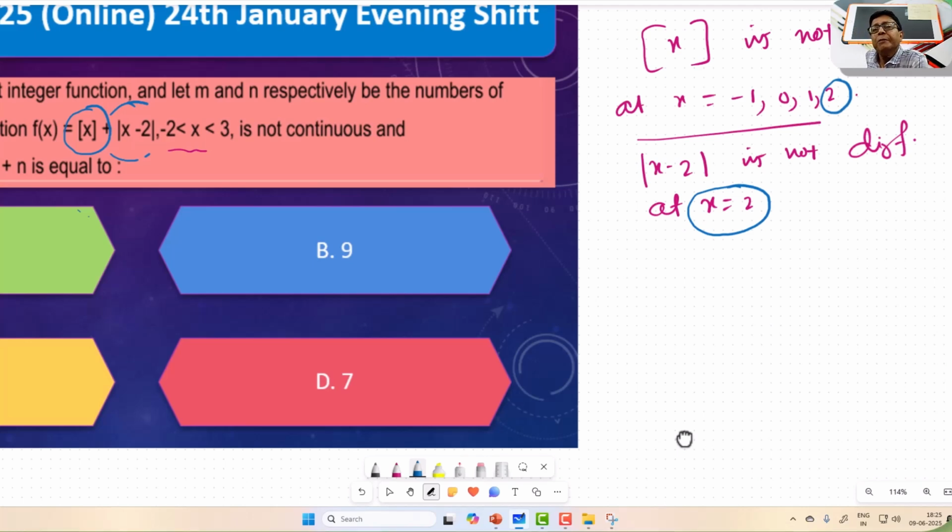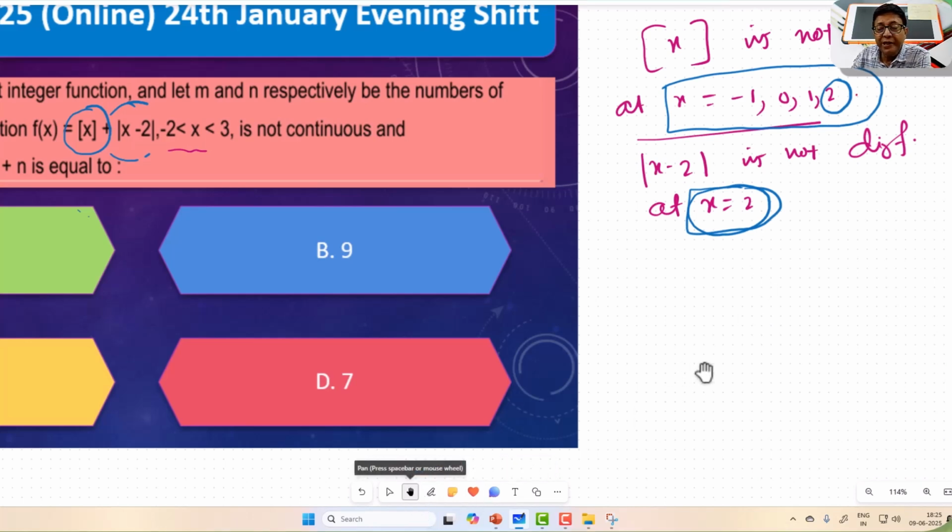Now, if the function is not continuous at those integral points, how can it be differentiable there? So the function will not be continuous at these 4 points, and will not be differentiable at those 4 points. The point x equal to 2 will not count separately. Now look at the question.